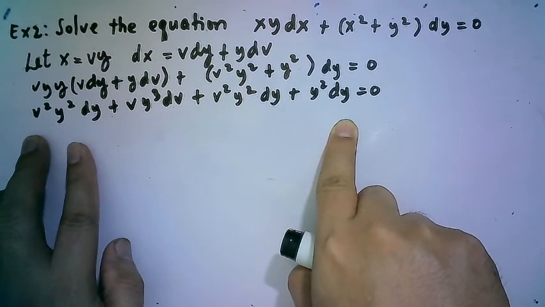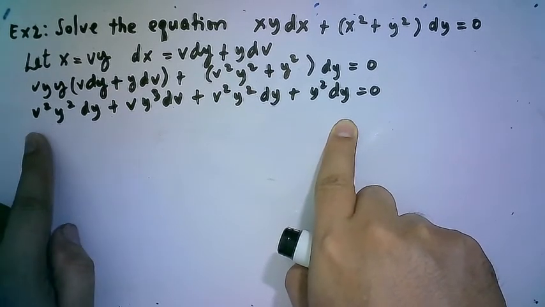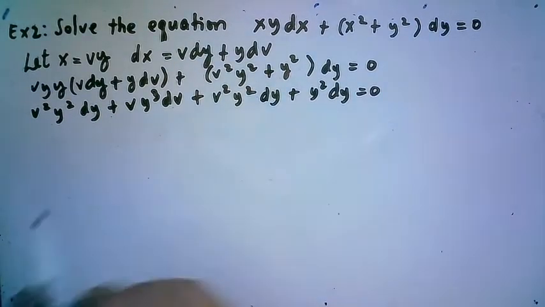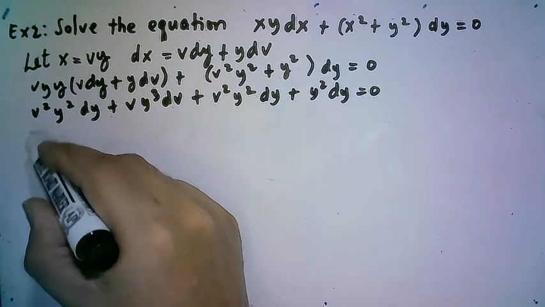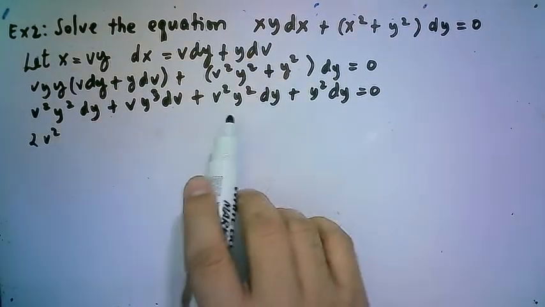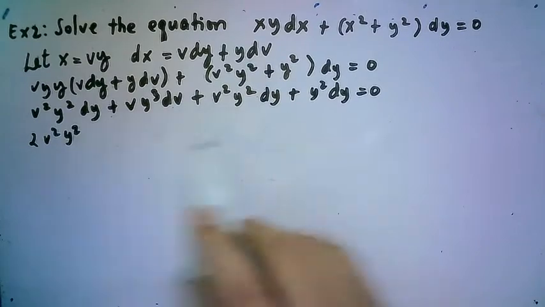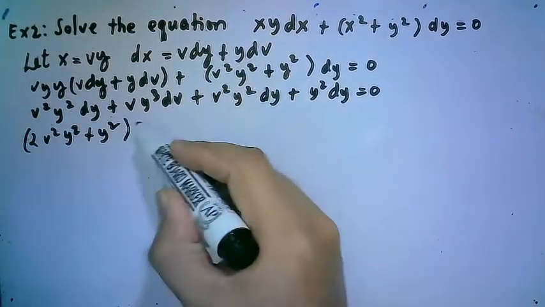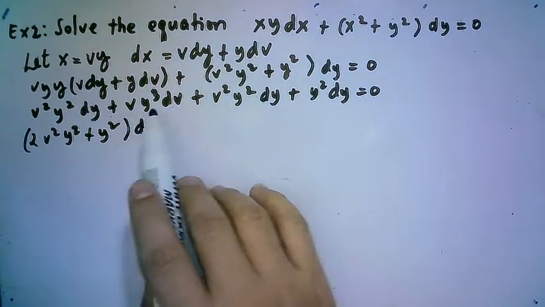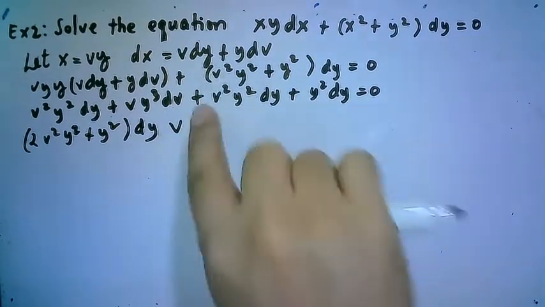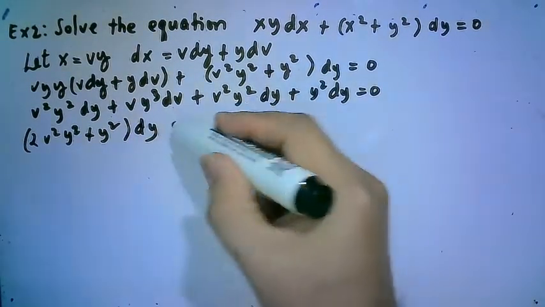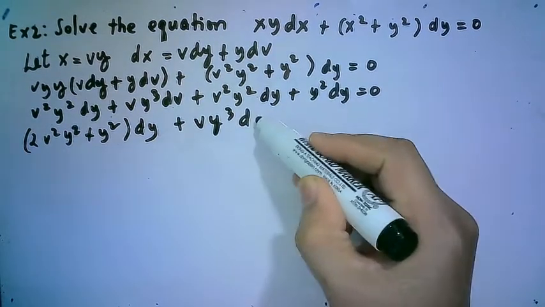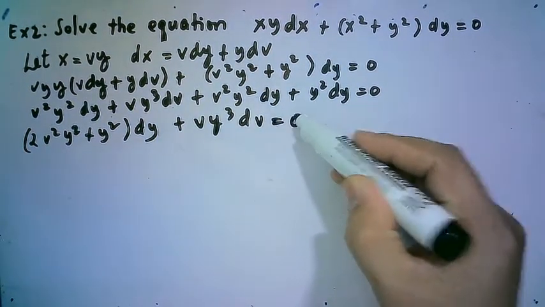If we combine this one, we have 2v squared y squared, and then plus y squared dy. And then we have plus vy cubed dv, which is equivalent to 0.